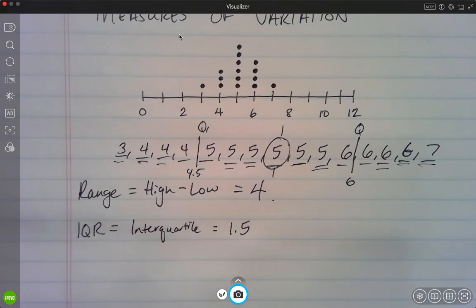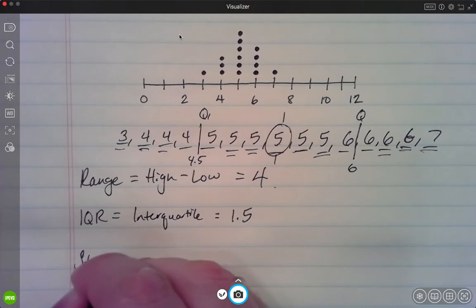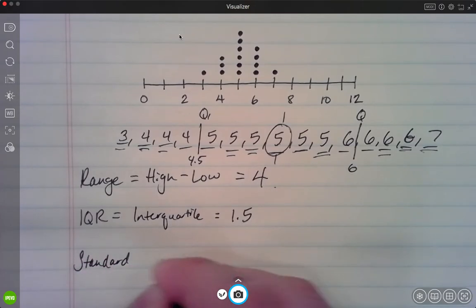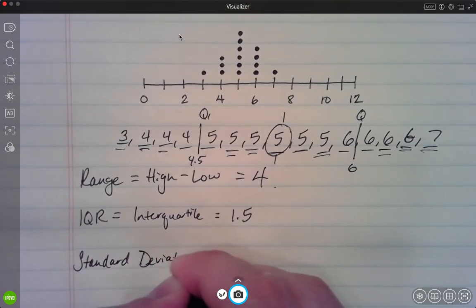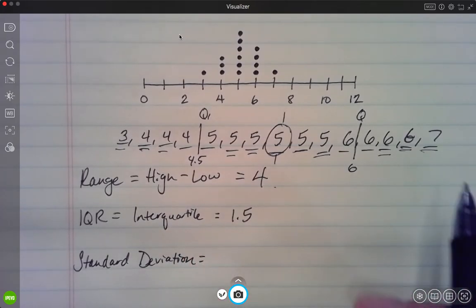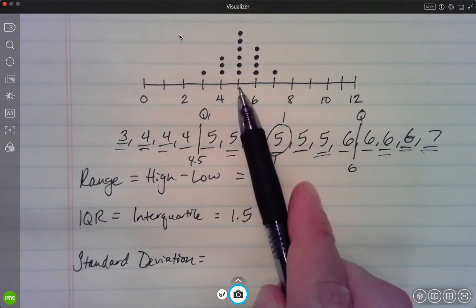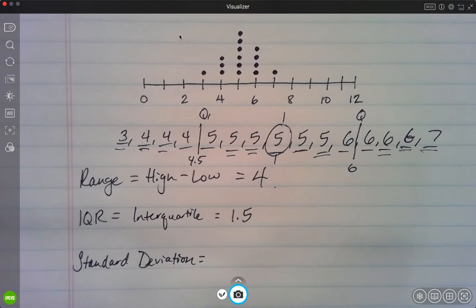The last thing that we're going to talk about in this concept is called standard deviation. Standard deviation can be a pretty complicated concept, but basically it's just the average distance away from the mean, or the average that all my points are. It's a complicated way of figuring that out.